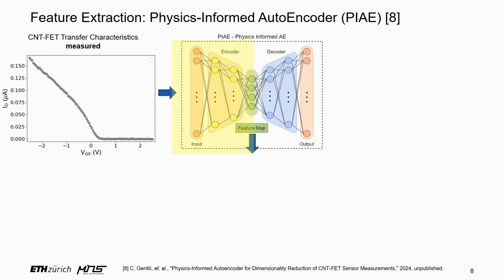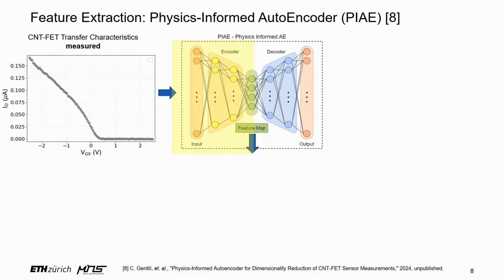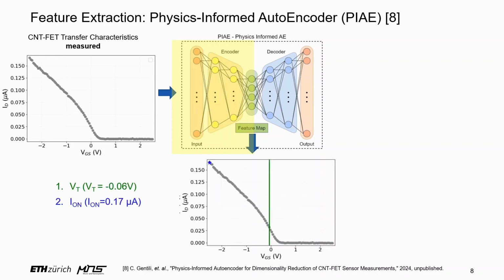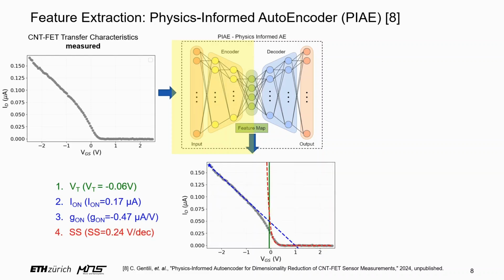What we do now is take the transfer characteristic as input, and then the encoder extrapolates 4 numbers. These 4 numbers are not abstract mathematical representations, but really 4 physical parameters corresponding to the 4 transistor parameters: the threshold voltage, the current in the on state, the transconductance, and the subthreshold swing.